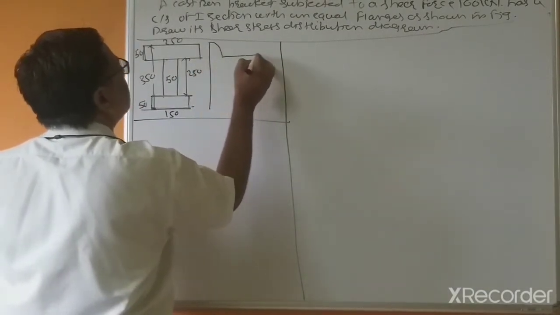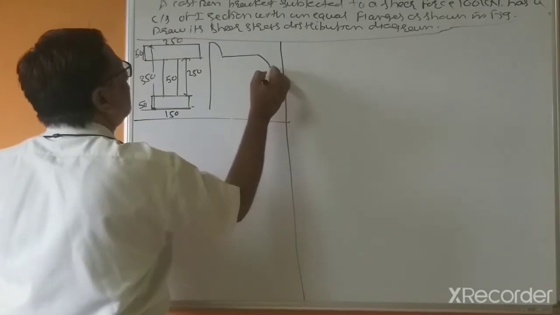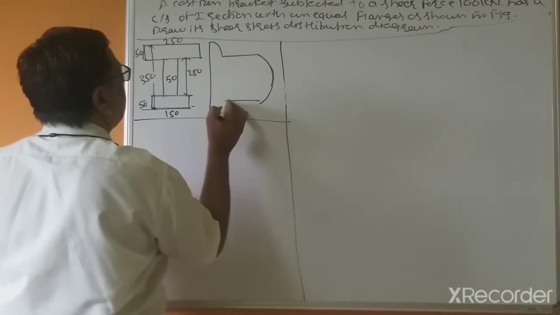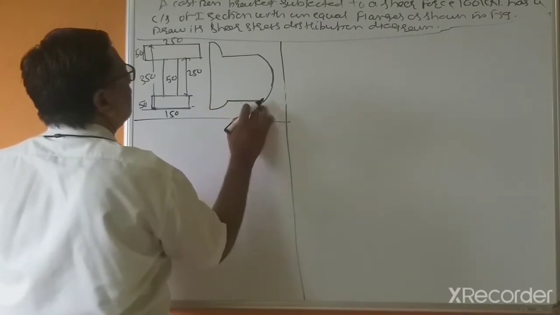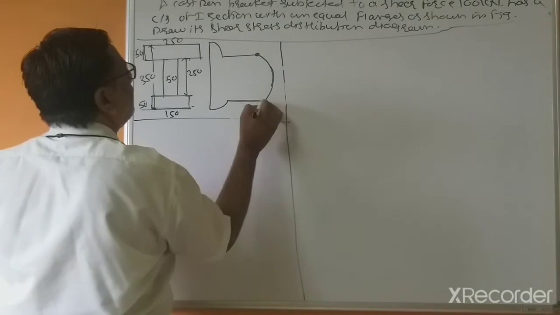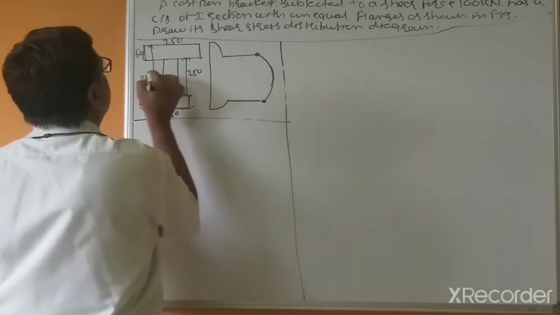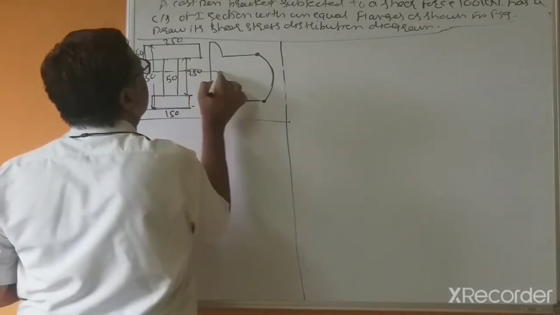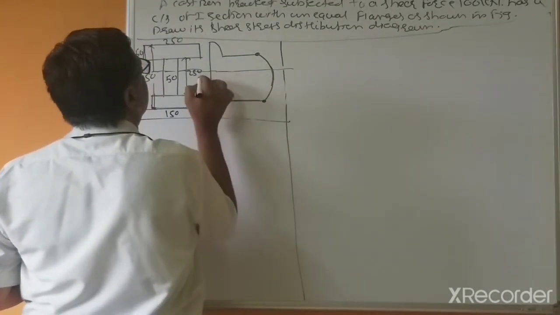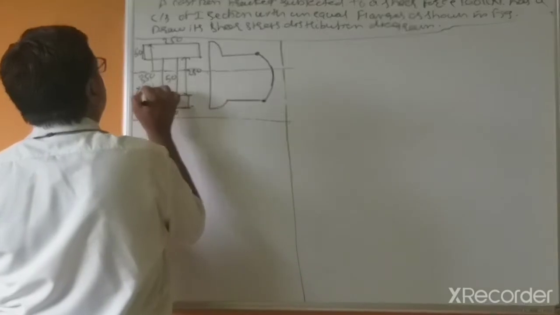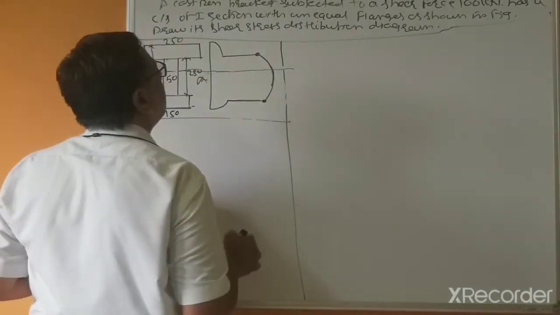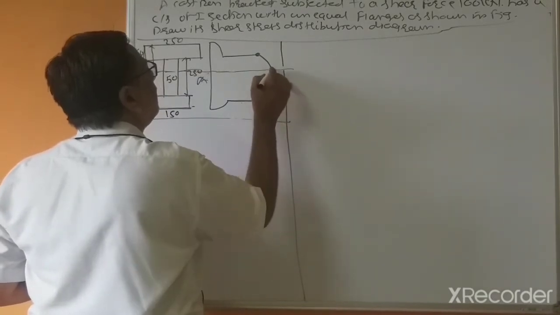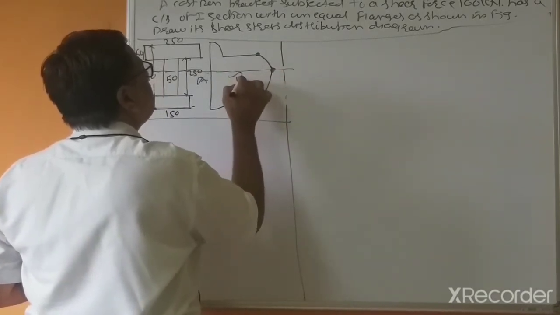So here, I think this is different. Suppose this is the neutral axis. So here this is maximum.